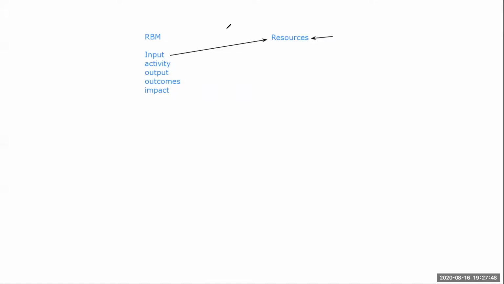Okay. So indicators are a measurement tool. Let's make it simple, but we will come back to the definition.